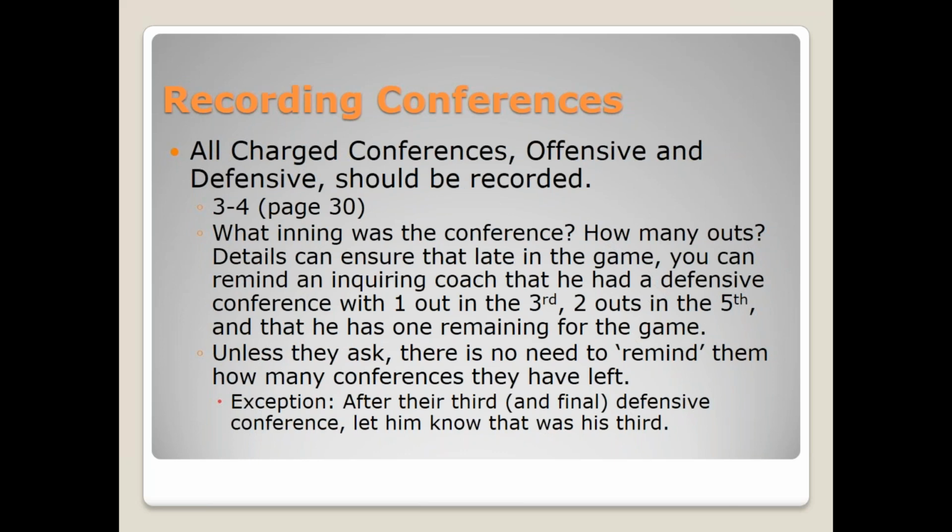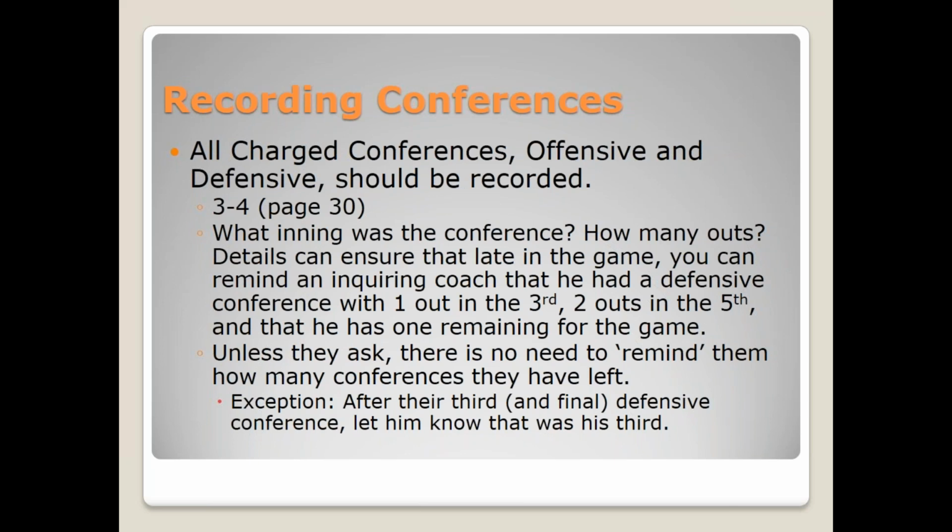Offensively, they can have 1 per inning. So they're going to talk about a bunt, whatever. Coach calls timeout, wants to talk to the hitter. You write that down. Write down the inning that it is. That way, if they got nobody out and then they've batted around and they want to talk about it again, no, you can't do that in the same inning. 1 per inning on offense, 3 free ones in the game on defense, and they can be used at any time.